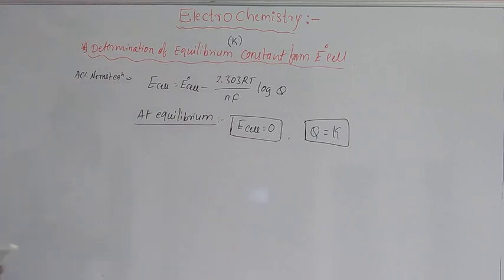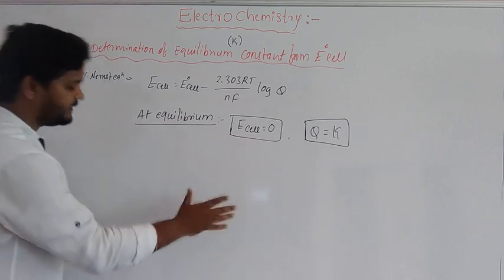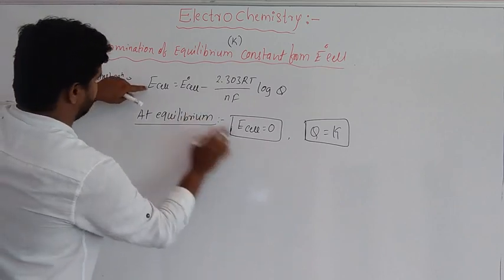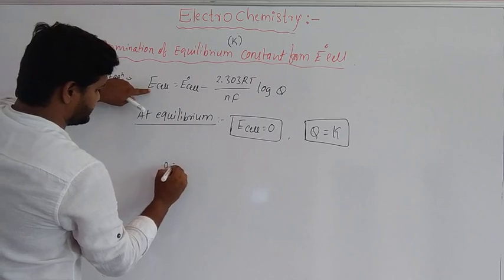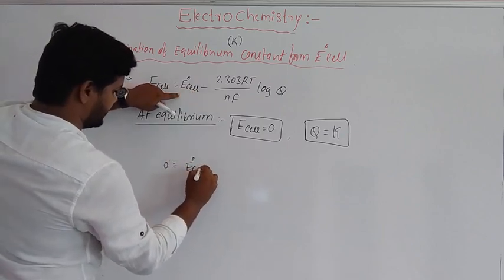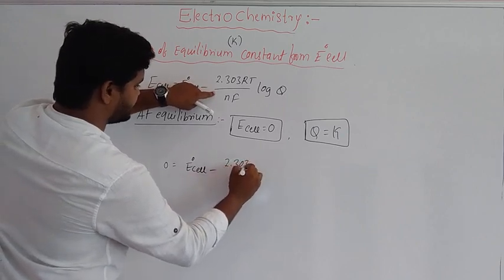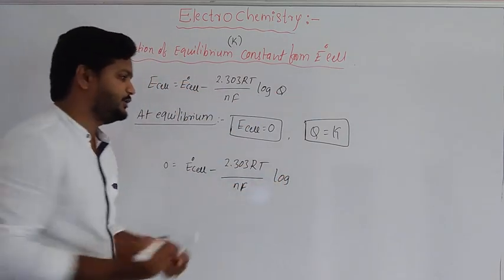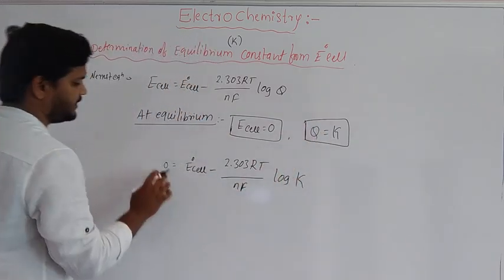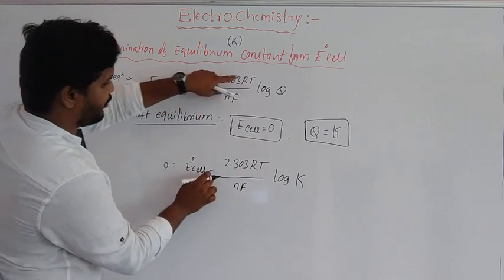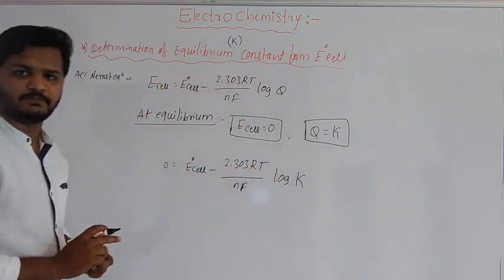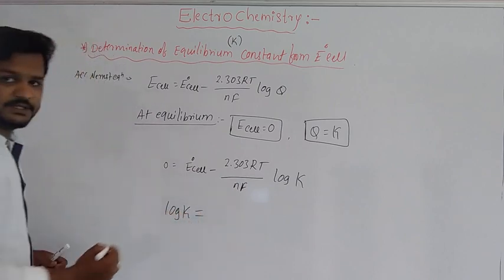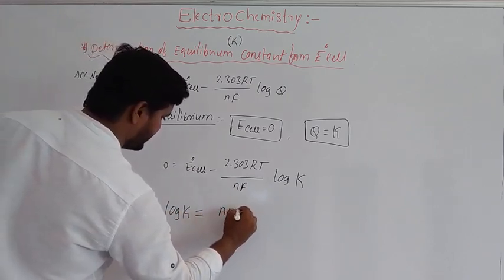So student, just substitute these two values in the Nernst equation and you will get an expression. 0 is equal to E naught cell minus 2.303 RT by nF log K. Just bring this log K to this side. Log K is equal to nF E naught cell.